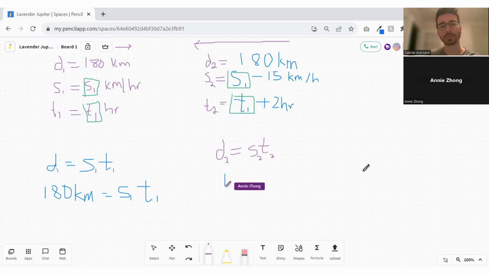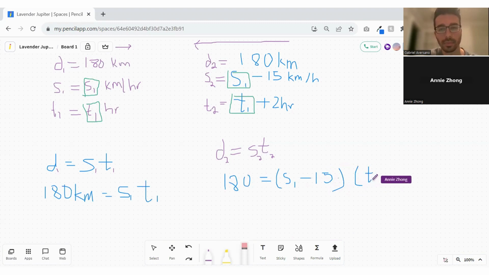And for this side, we will have 180 will be equal to S, put in brackets, 15 times T1 plus 2.